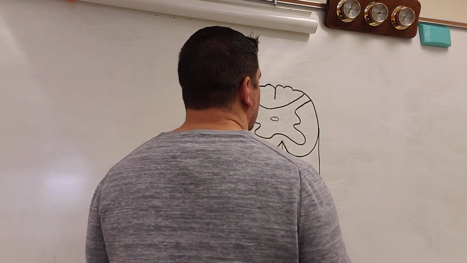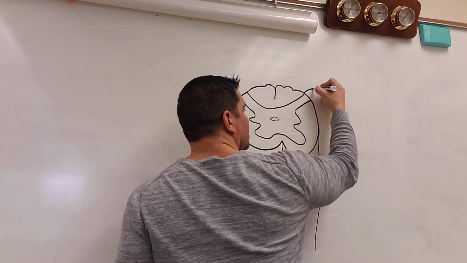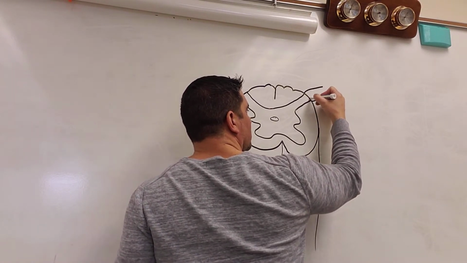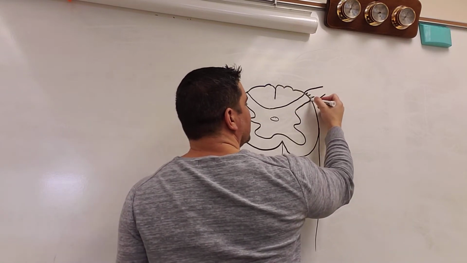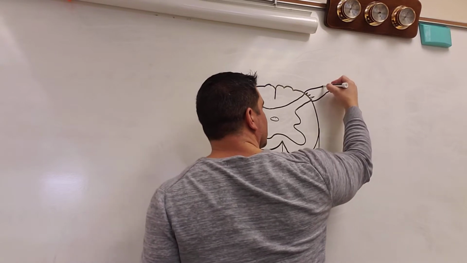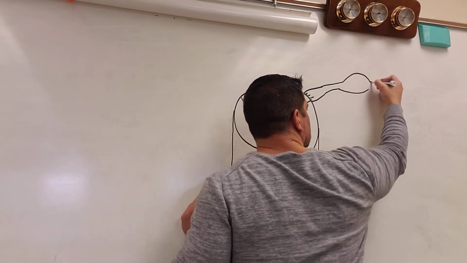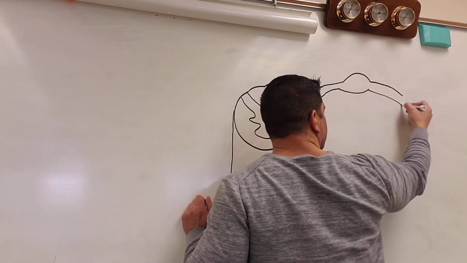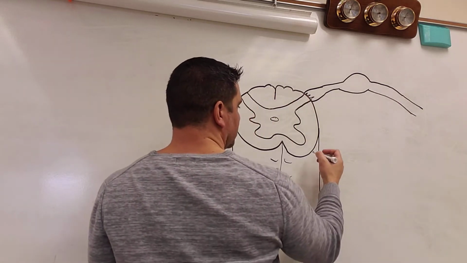I'm going to stick with the black marker for now because we're still drawing things in. So this is the dorsal side. These would be the dorsal rootlets here, right? And remember, it's symmetrical, so on both sides the stuff's going on. Dorsal rootlet, dorsal root ganglion, dorsal root, and then it's going to combine with the ventral root, okay?